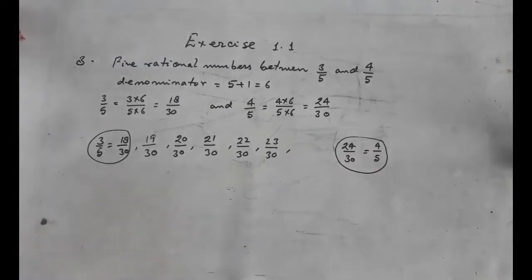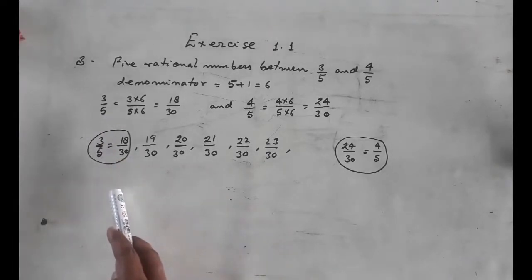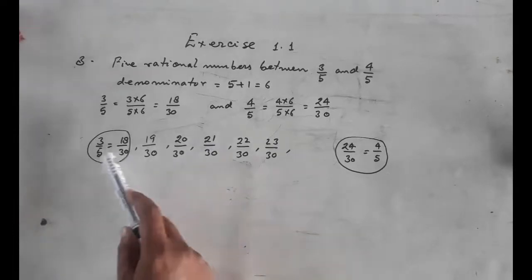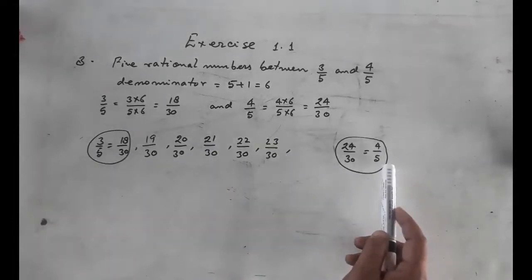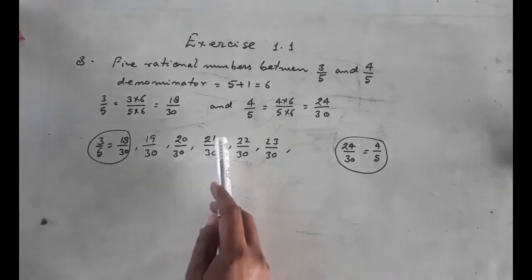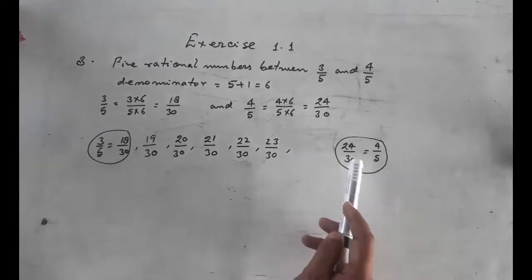These are your rational numbers between 3 by 5 and 4 by 5. So the 5 rational numbers are 19 by 30, 20 by 30, 21 by 30, 22 by 30 and 23 by 30.